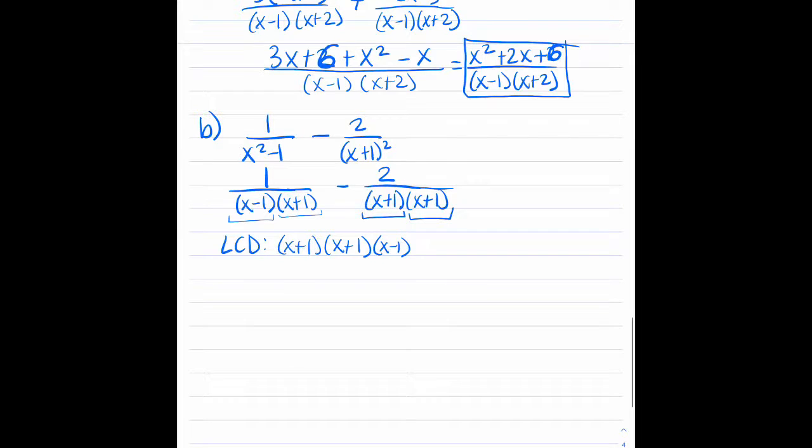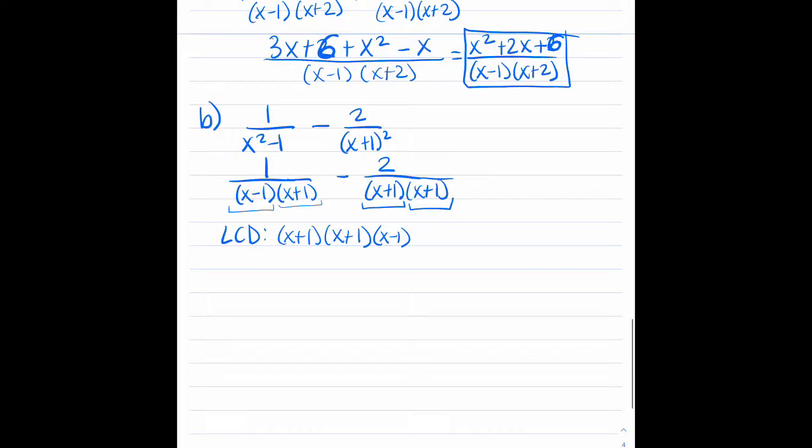So I'm going to do what I did earlier. I'm going to write the fraction here. My fraction is 1 over x minus 1 times x plus 1, and the only thing I'm missing on the bottom to get this least common denominator is another x plus 1.